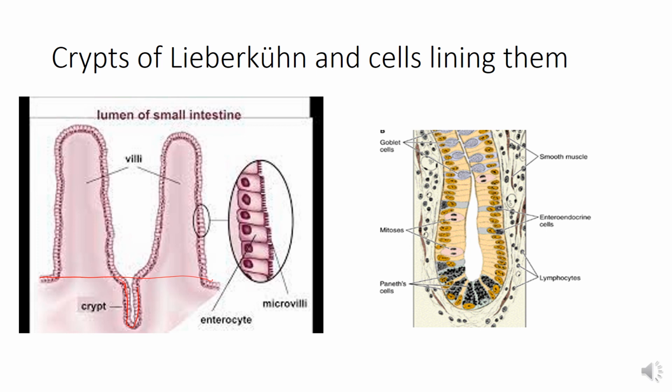First of all, the enterocytes, the absorptive cells, the goblet cells, the enteroendocrine cells, the Paneth cells, and the stem cells. So these types of cells are present in the crypts of Lieberkühn. We will study them in detail in the next lecture.